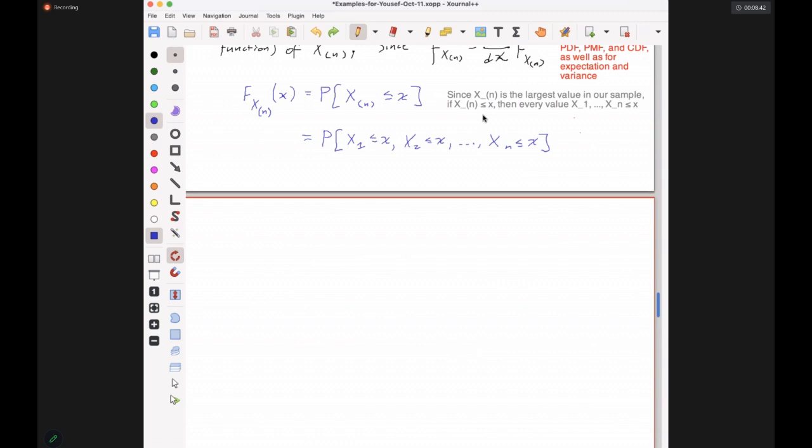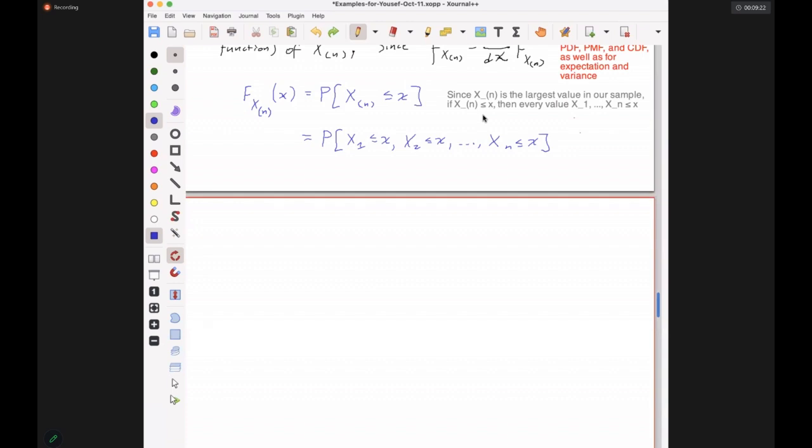And now how do we break this up? In order to break up the joint CDF here, which is what we're looking at, we're going to apply one of the same properties about our sample that we use when breaking up the joint PDF.